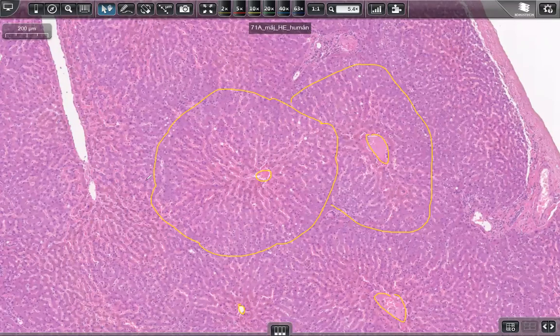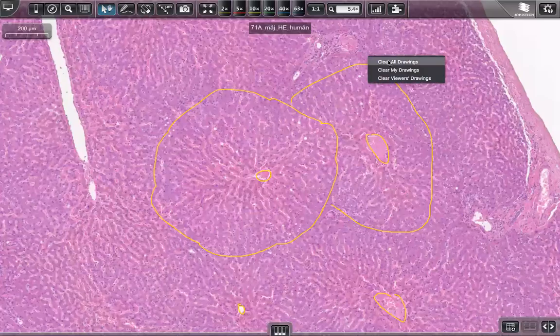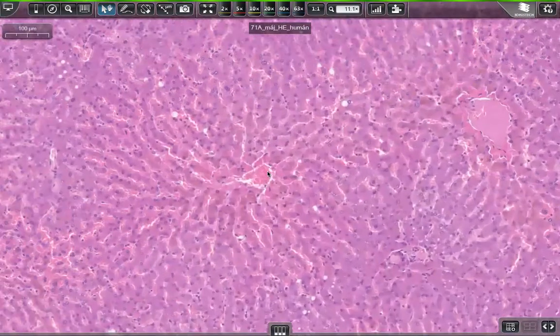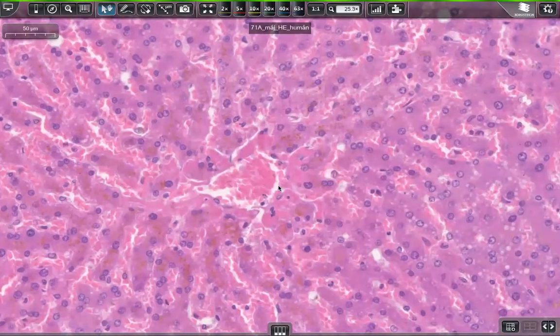So I'm gonna show them soon. So that's the hepatic lobule, centrally representing the central vein, which drains the blood entering into the lobule. So let's see the cords, the hepatic cords.